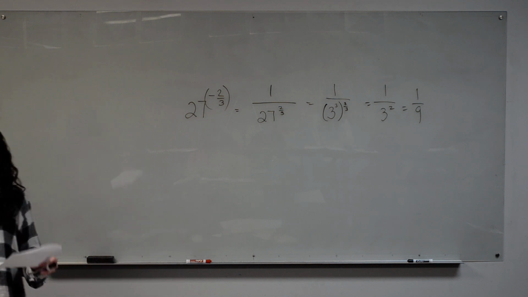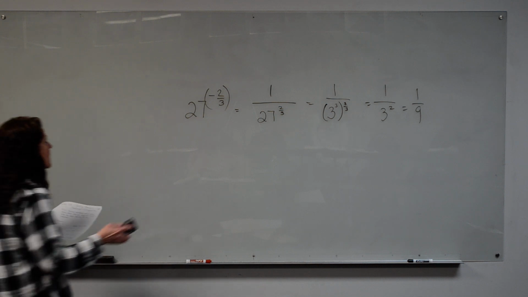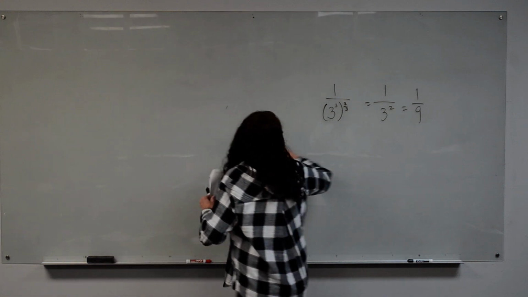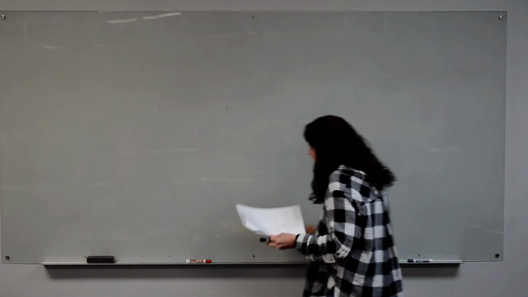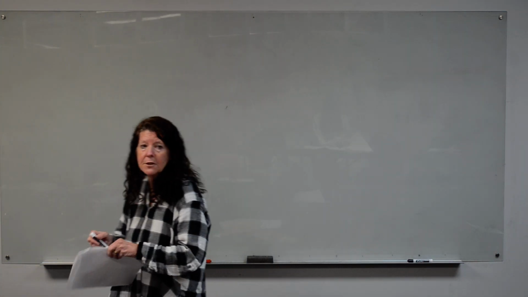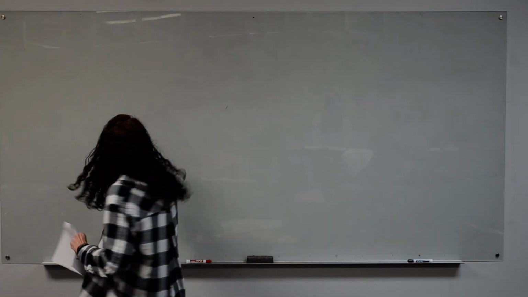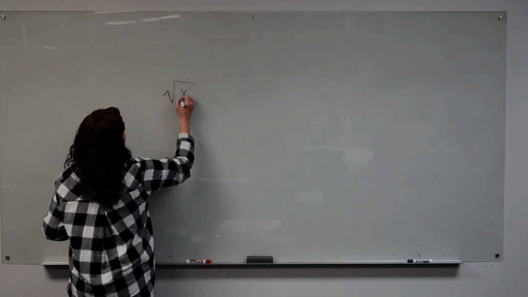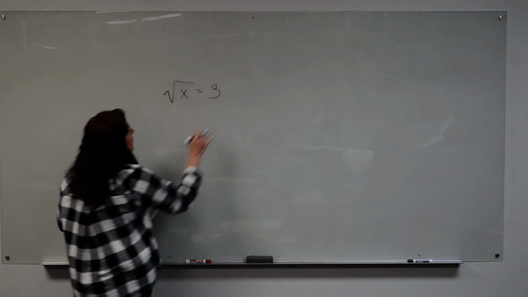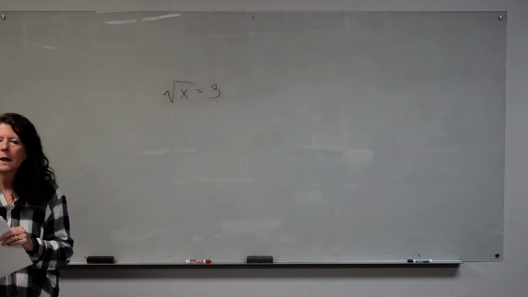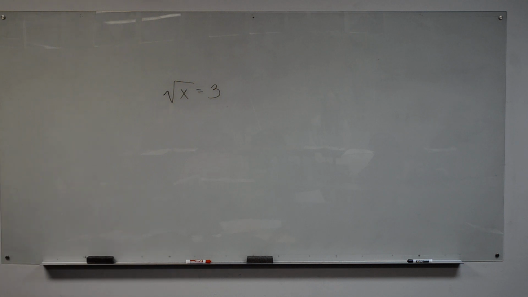To get rid of something that's squared, you take the square root. I do think y'all had an easier time with this section than that section we just did. So, nice easy problem here: the square root of x is equal to 3. How do I get rid of that square root?